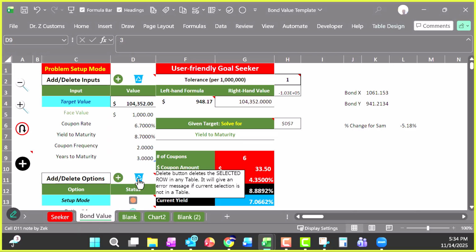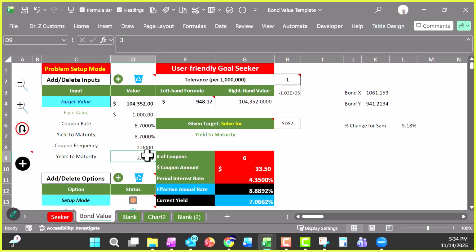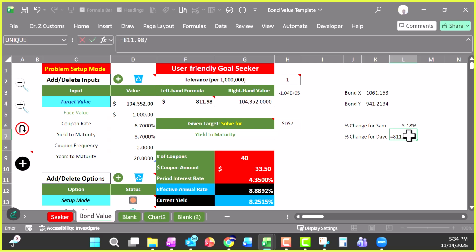Now let's do the same thing for bond Dave, which has 20 years maturity. 811.98 divided by 1,000 minus 1.